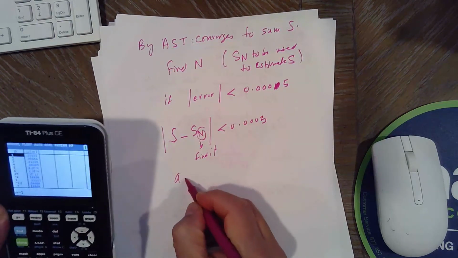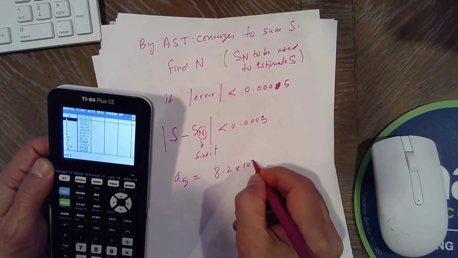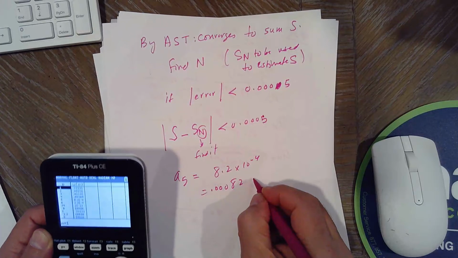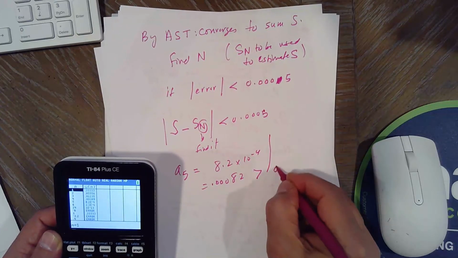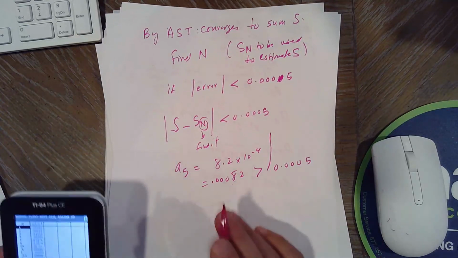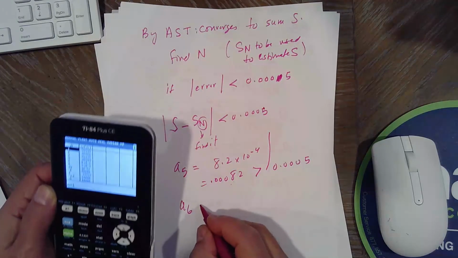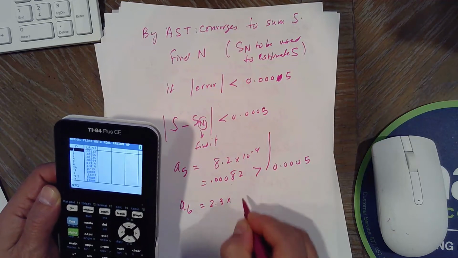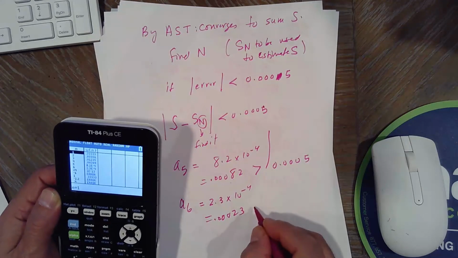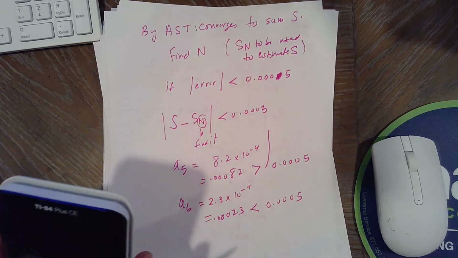If you look at a5, the fifth term, it's 8.2 times 10 to the negative 4, so you move the decimal 4 places to the left, 0.00082, which is still greater than 0.0005. Right? So if you do a6, the sixth term, it's 2.3 times 10 to the negative 4, which is 0.00023, less than 0.0005.